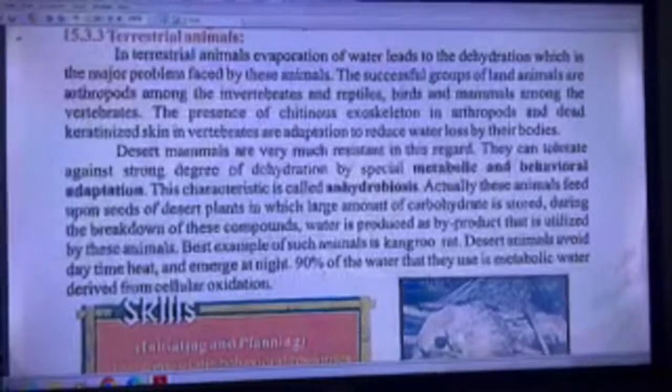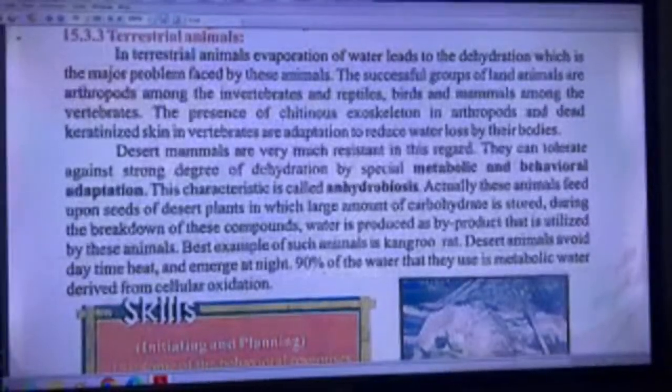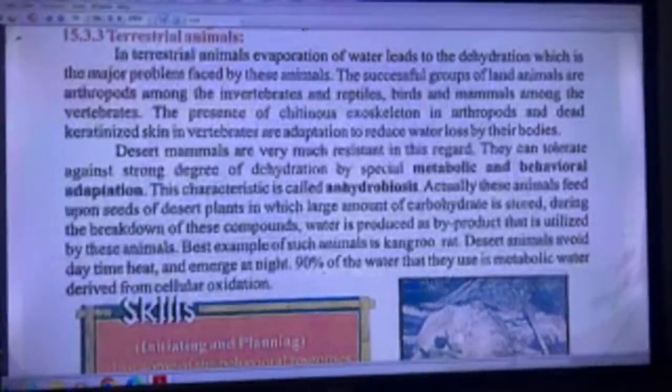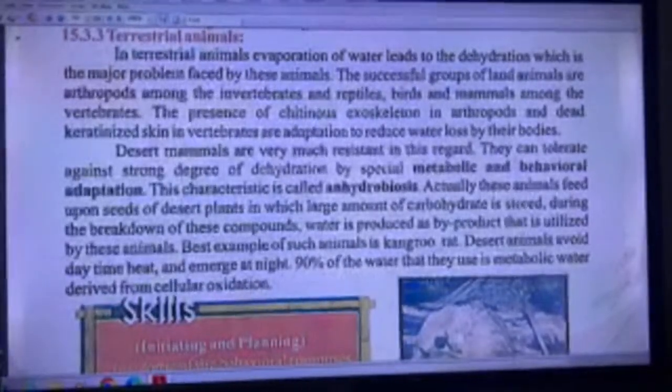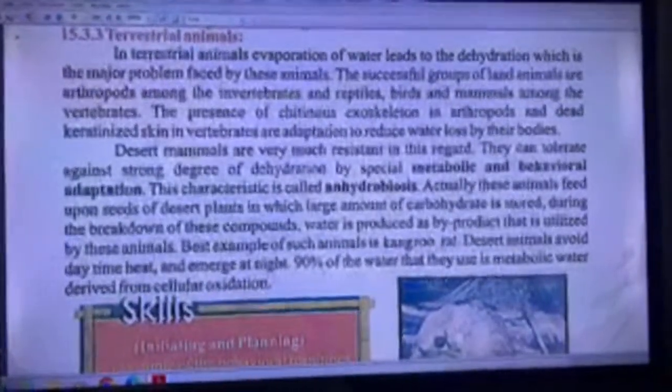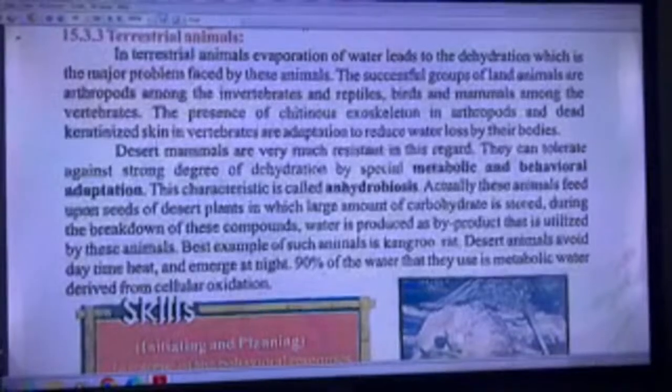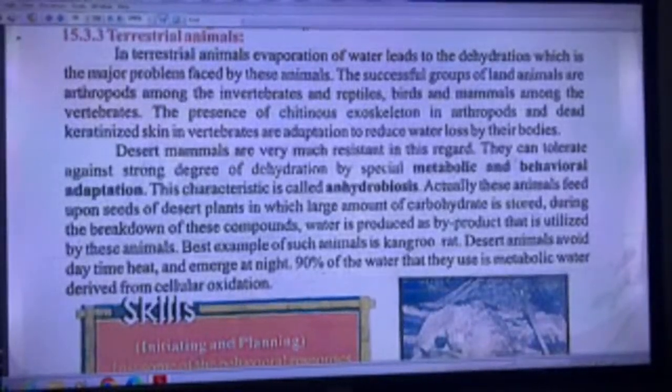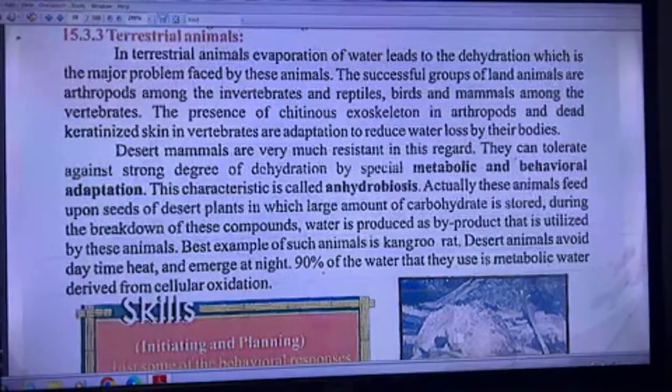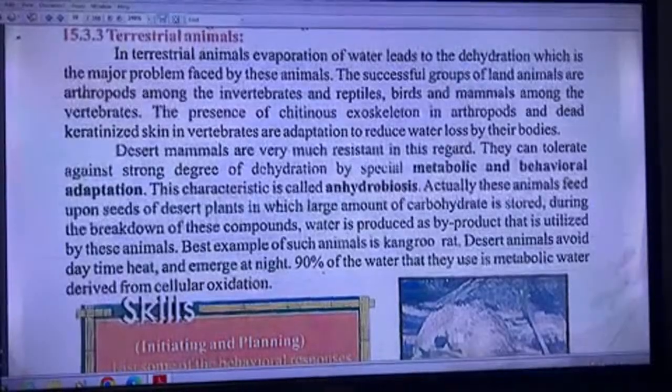During the breakdown of these compounds, water is produced as a byproduct. This is utilized by these animals. The best example of such animals is the kangaroo rat. Desert animals avoid daytime heat and emerge at night. 90% of the water that they use is metabolic water derived from cellular oxidation.